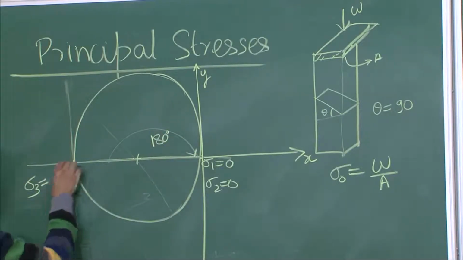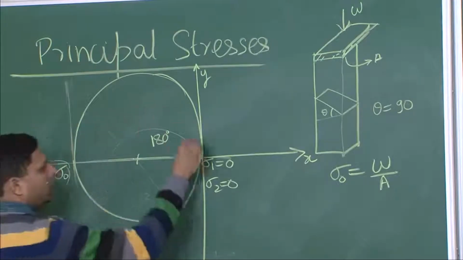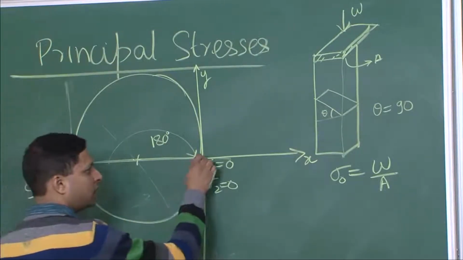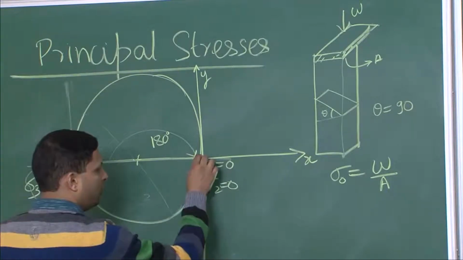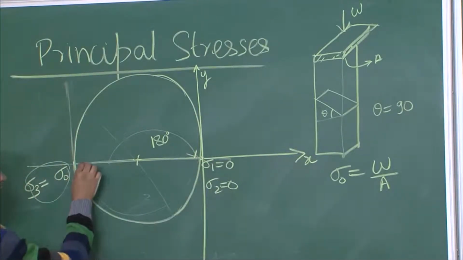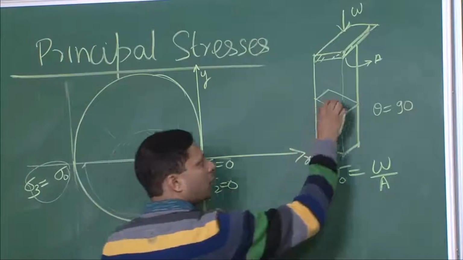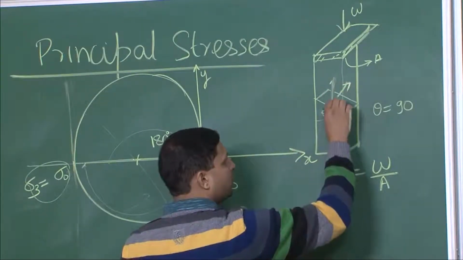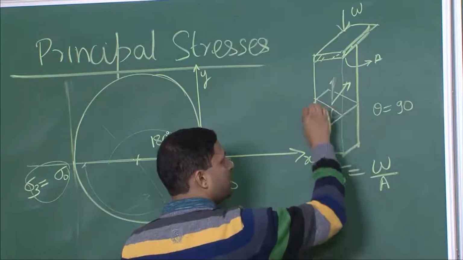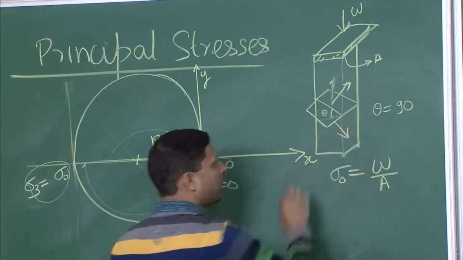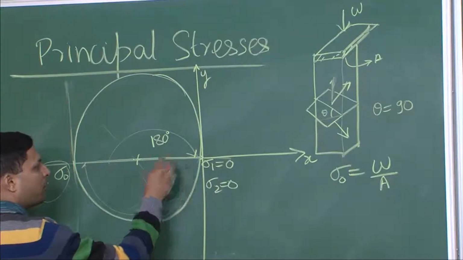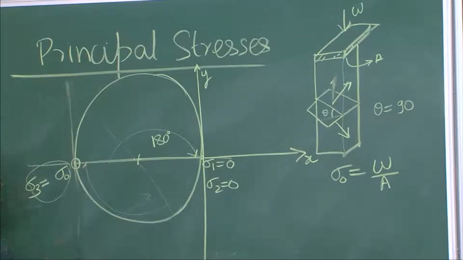Therefore, the sigma that we were trying to calculate is 0 and shear stress is 0, but that does not mean there does not exist any principal stress. If you look at 90 degrees from this, there is a normal stress like this, and since this is an element, there is also a normal stress like this. So, if you look at the normal stress at 90 degrees from it, there still exists this value.